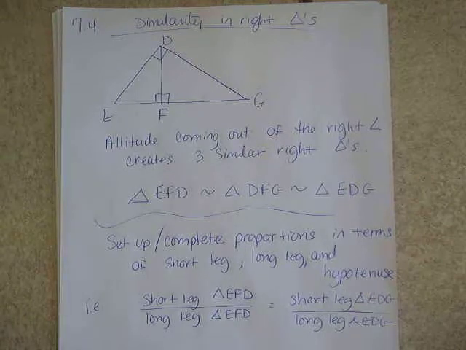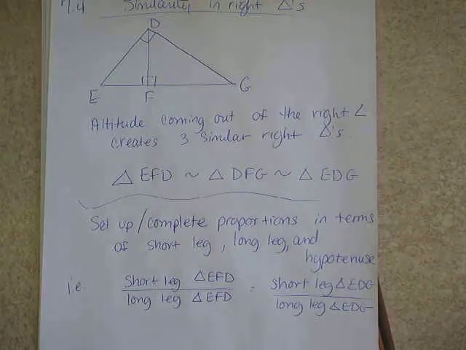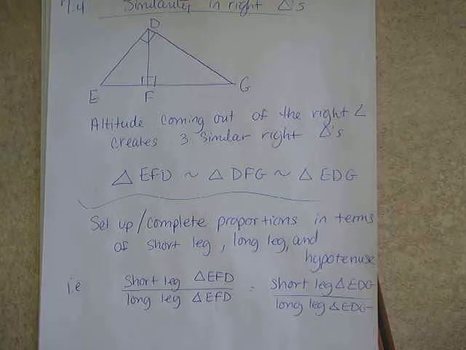Just like we've said in the past, if you're setting up the proportions, you want to be consistent with your proportions. If you're staying on the same shape, going short leg to long leg, then you would go to the other triangle and go short leg to long leg.